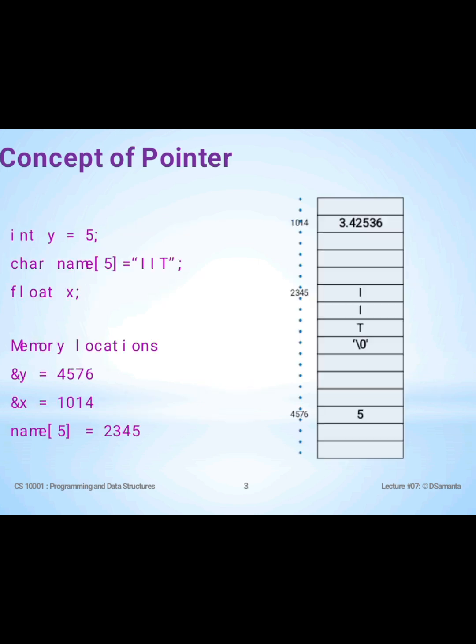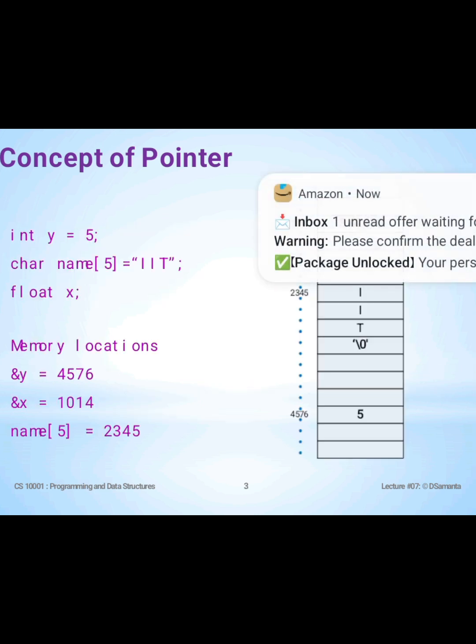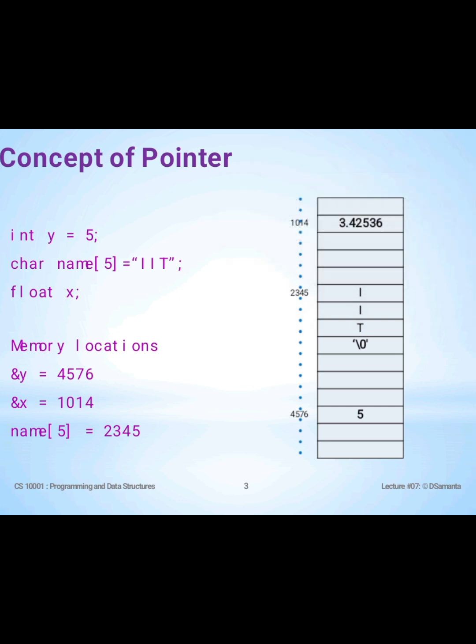Concept of pointer: int y = 5; char name[5] = "IIT"; float x; Memory locations: &y = 4576 and &x = 1014. name[5] = 2345.